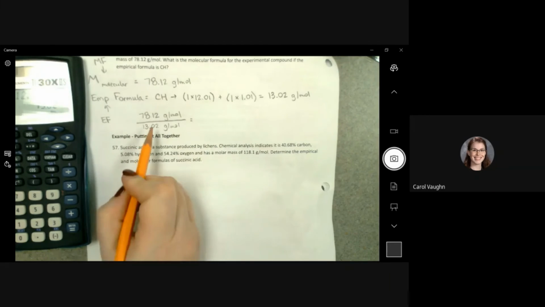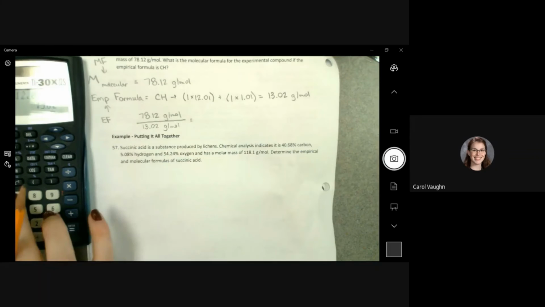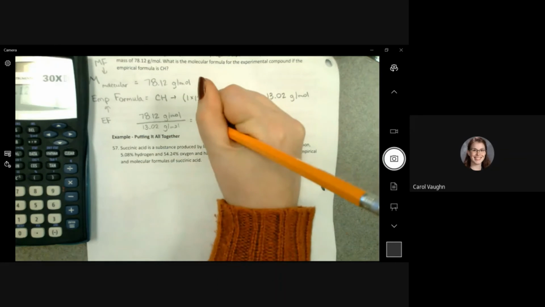And since we have a fraction, fractions are also used as ratios. So we just need to take the 78.12 divided by 13.02. Whenever you have that, please raise your hand. Maddie, what did you get? 6. Do we agree with 6? Yes. So this is our ratio number.